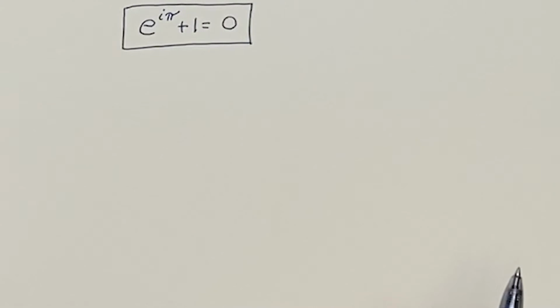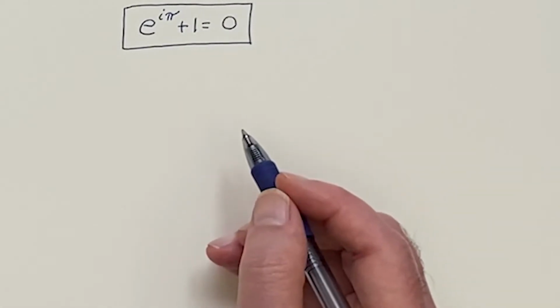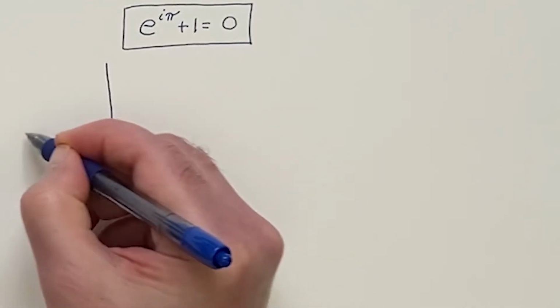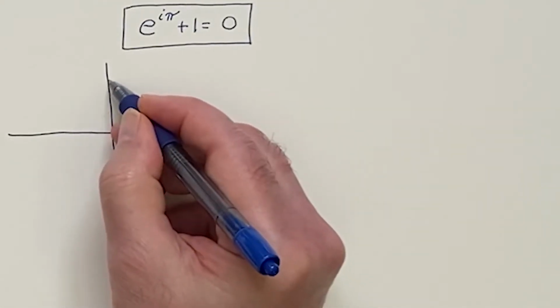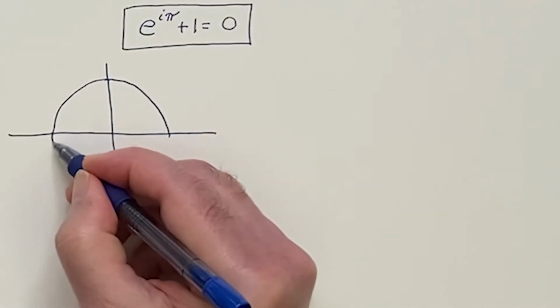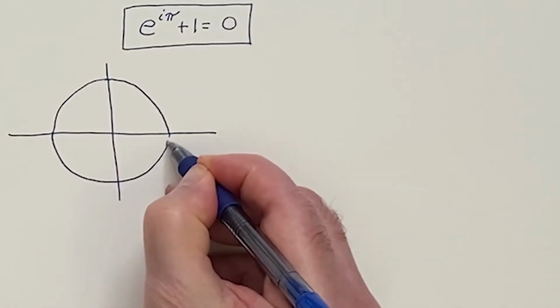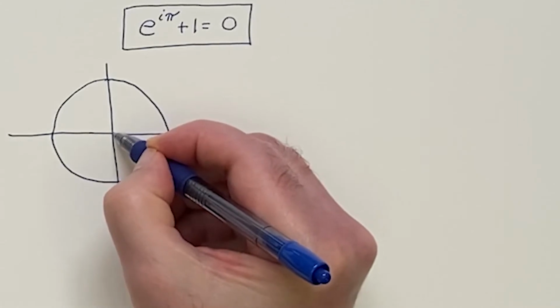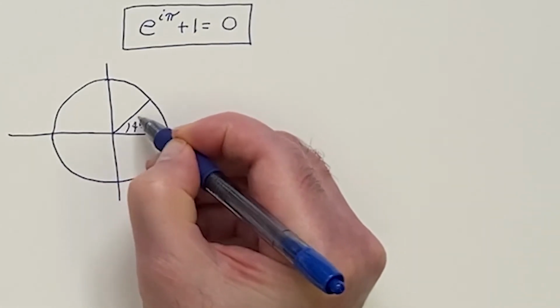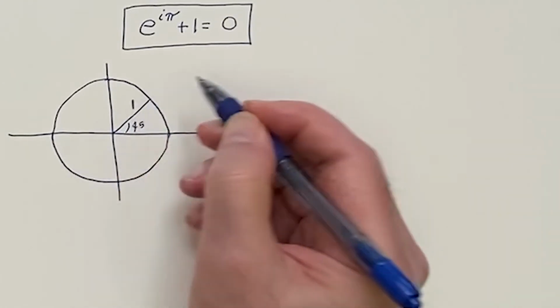A couple of comments here. Let's look at this circle again. And this circle here, we are considering being a unit circle. So when you have the unit circle, let's go ahead at a 45-degree angle here. This is 1.